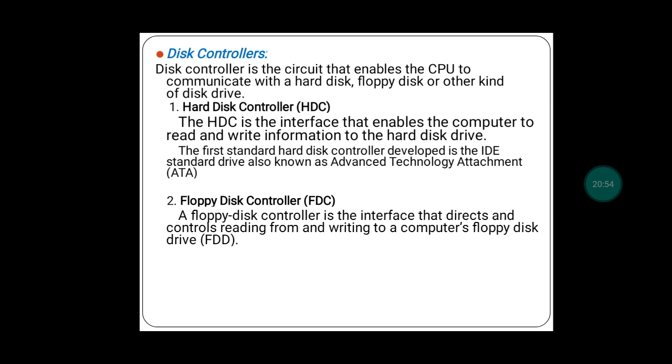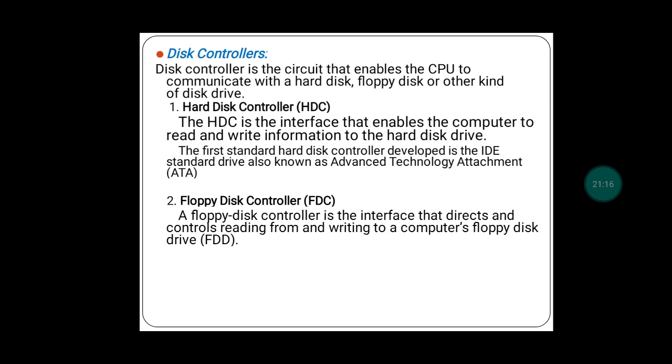So floppy disks have vanished now, and their size was also bigger compared to pen drives. We are not using them anymore, but still these are the two controllers for your studies, that is the hard disk controller and the floppy disk controller.